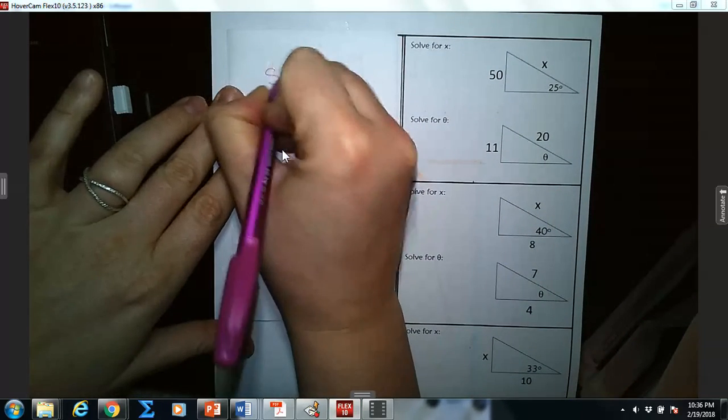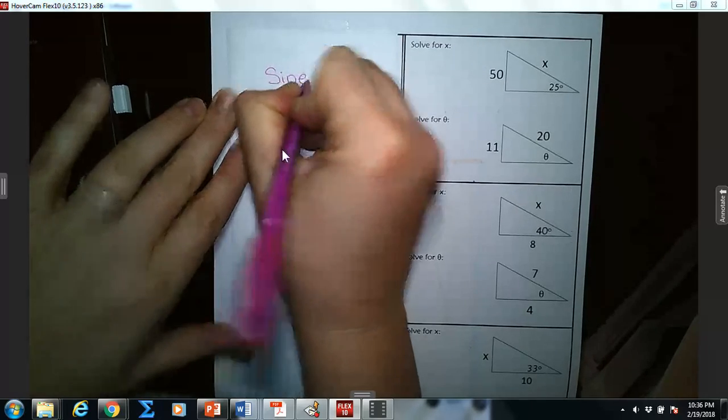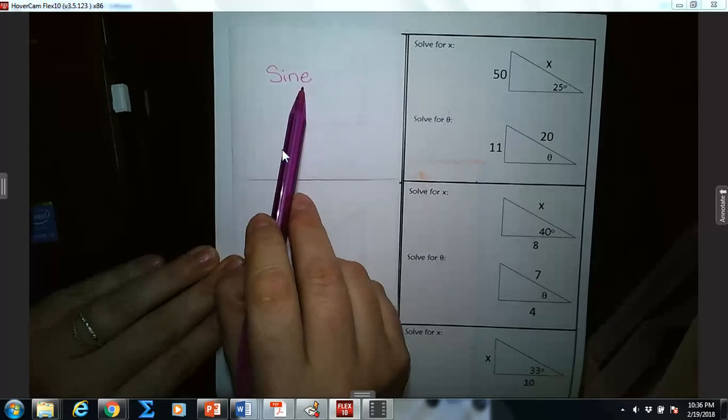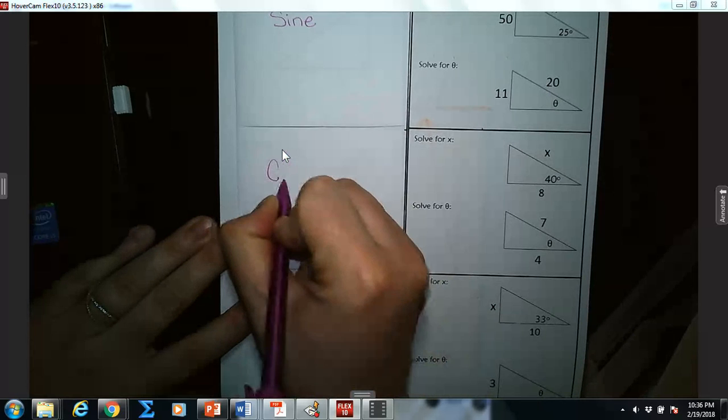That's what I want you to label these 3 doors on your flashcards. We've got sine, spelled S-I-N-E. In our calculator they just abbreviate it to S-I-N, but it's S-I-N-E. We've got cosine, and finally we have tangent.